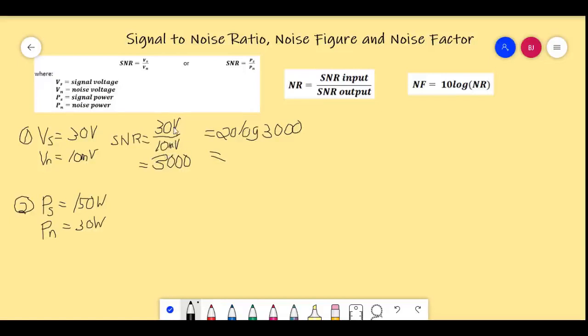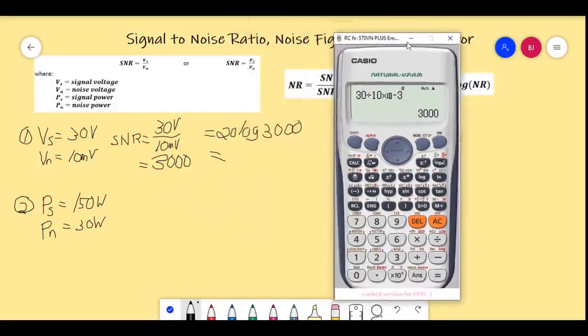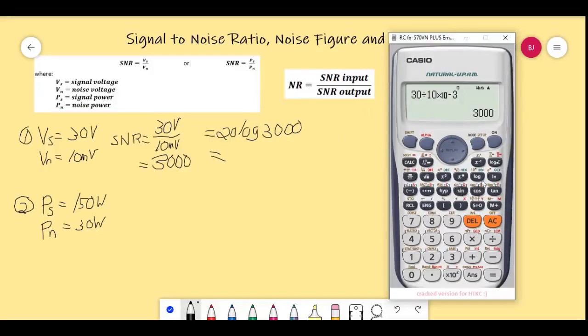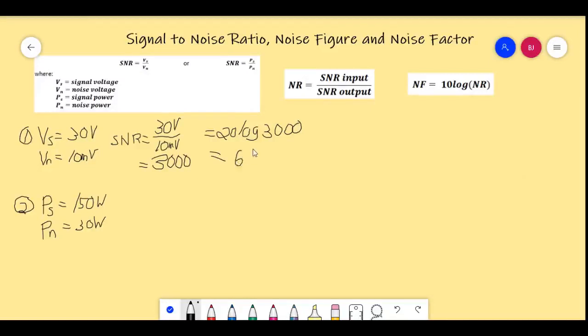Don't forget that because these two are both voltages, we don't have a unit below. So the logarithm of our answer, which was 3,000, multiplied by 20, and we will get 69.54. This time around, it has a unit, which is in decibels.